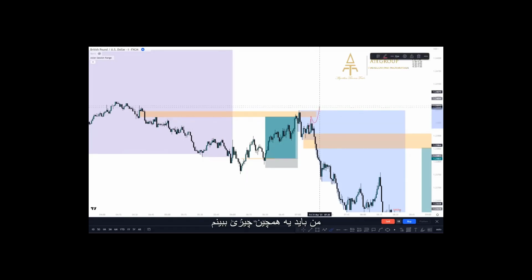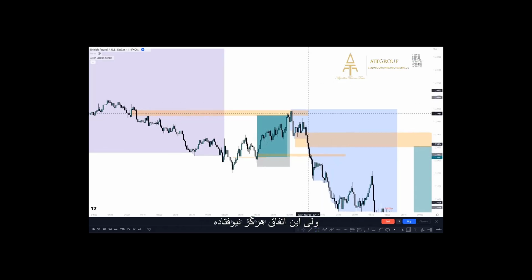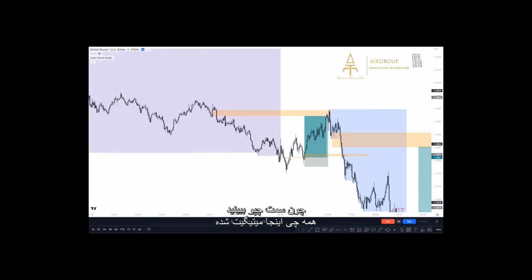I would want to see something like this, sweep of London low, inducement entry model, and can sell towards this IPA, but it never happened, so I would just take partials at this level with this IPA, because look left, everything right here is mitigated, it's all order flow already, and this is the order flow cutoff, so this high would be some kind of POI, and always liquidity is more powerful than sessions.